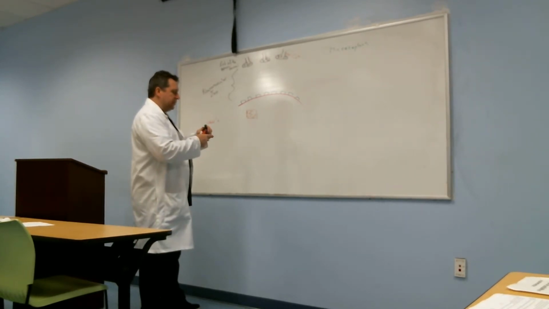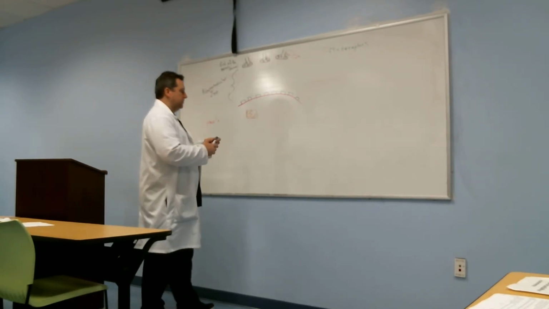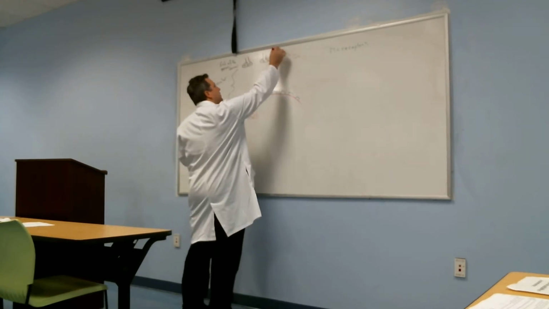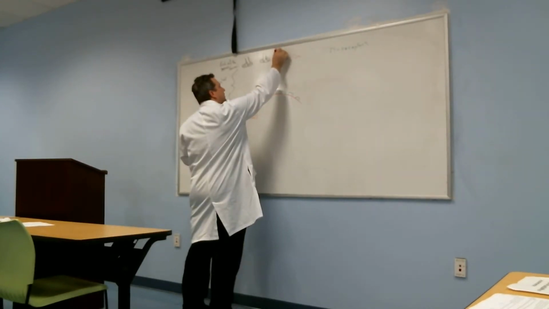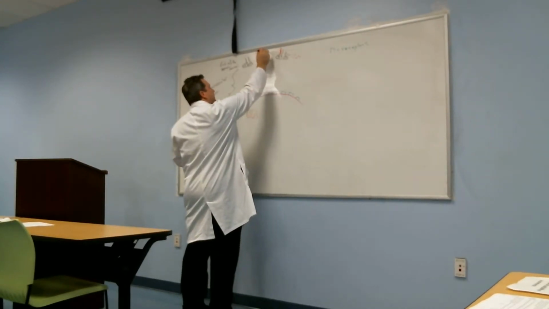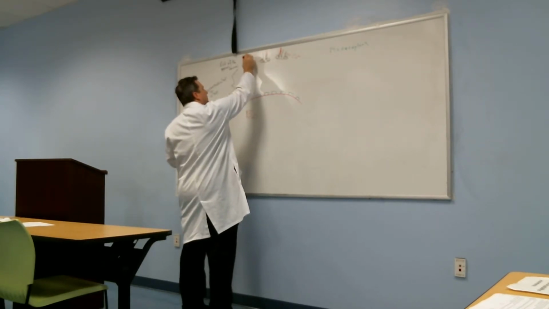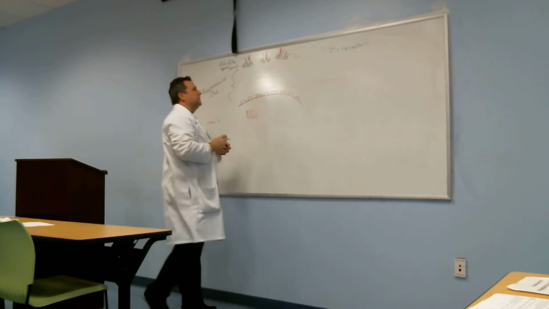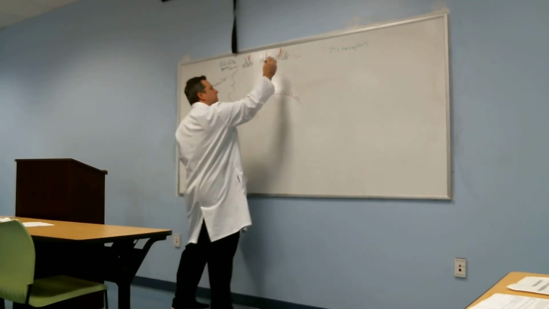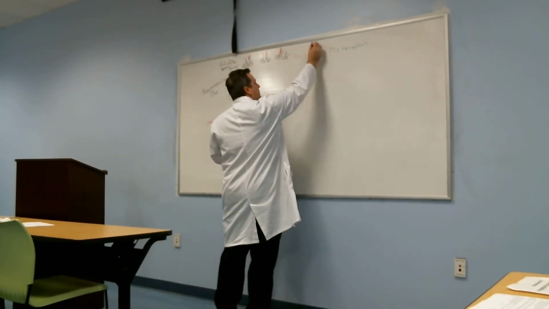So a signal is going to come down a nerve at lightning speed. The signal coming down the nerve is called an action potential.